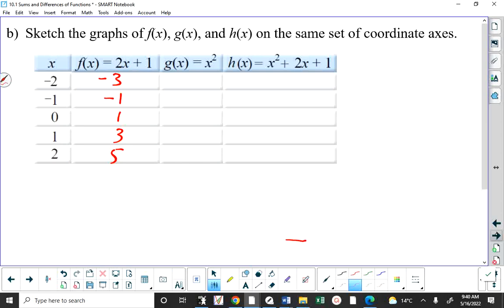Okay. So now we go x squared. Oh, this is like stealing candy from a baby. I square x, I get 4, 1, 0, 1, and 4. Of course, shouldn't really need to remind you, but when you square a negative, it becomes positive.